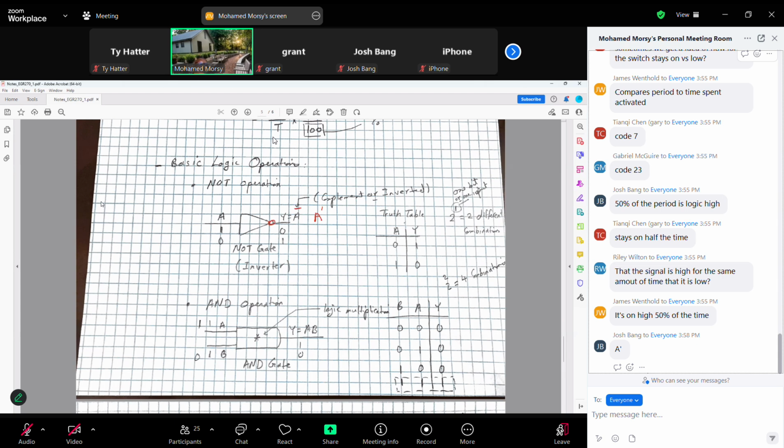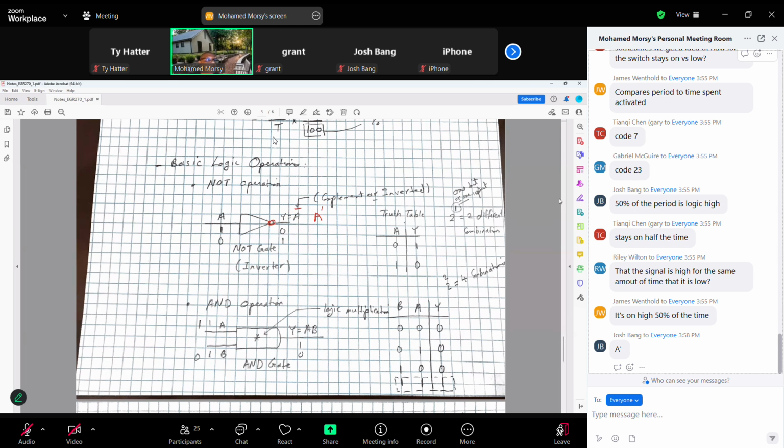If we draw the truth table, each digital component has a truth table. The truth table gives us the relationship between the inputs and the output. If we have these inputs, the output must be like this, and this is the function of the system. How many different combinations do we have here?